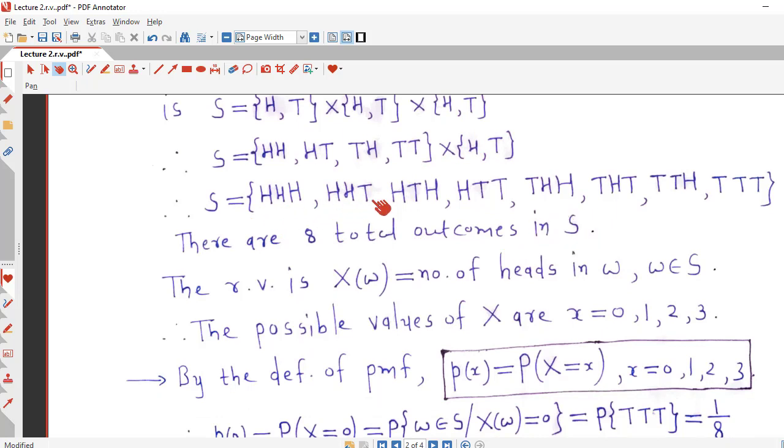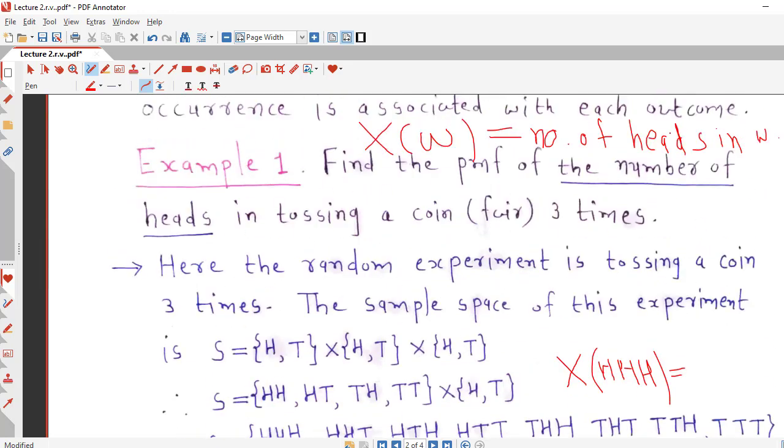Now for each outcome we can find the value of the random variable. For example, if I want to find the value of the random variable for this outcome, or the image of this outcome under the random variable capital X, then the random variable is the number of heads in the outcome.